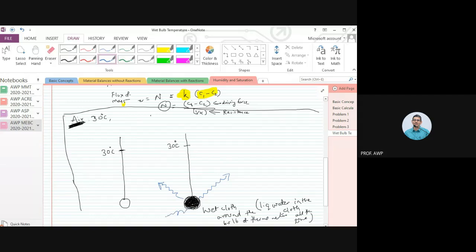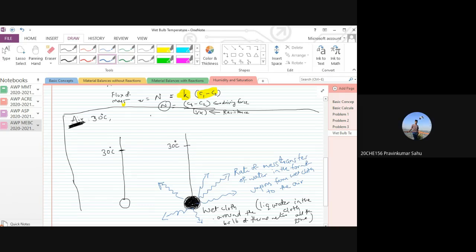Do you agree with that? Yes or no? Yes, sir. Can we say there is a rate of mass transfer of water in the form of vapors from the wet cloth to the air? Do you agree?